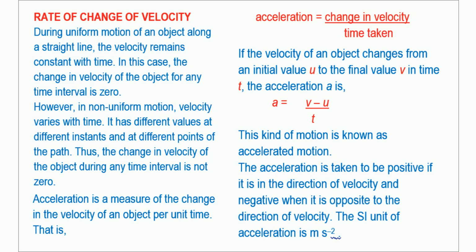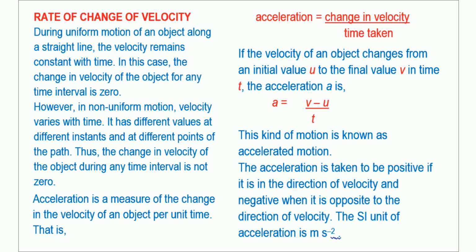Now you know that when we are going in a vehicle, the speed is increasing. You can see that on the speedometer. Sometimes it will be at 10 km per hour. Then again while we are accelerating, it will go to 20 km per hour. Correct? Then again we accelerate, it will go to 30 km per hour, like that at every time interval.